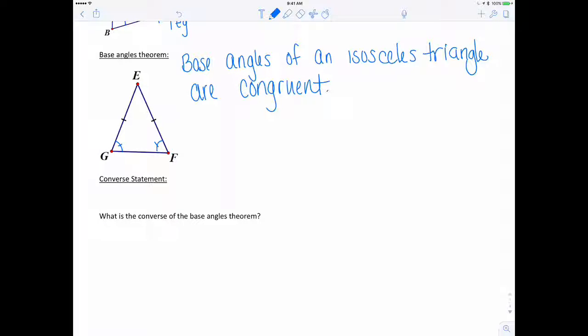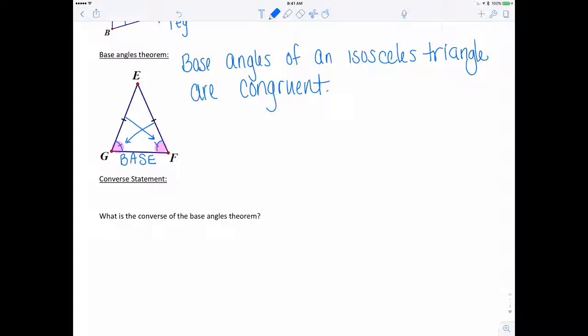All right. Easy way to spot the base angles, they are located opposite from the congruent sides. So if you can find your two congruent legs in your isosceles triangle, located opposite from those are your congruent base angles. Another way, of course, is to identify where the base is. There's the base. So on either end of the base, you'll find a base angle.